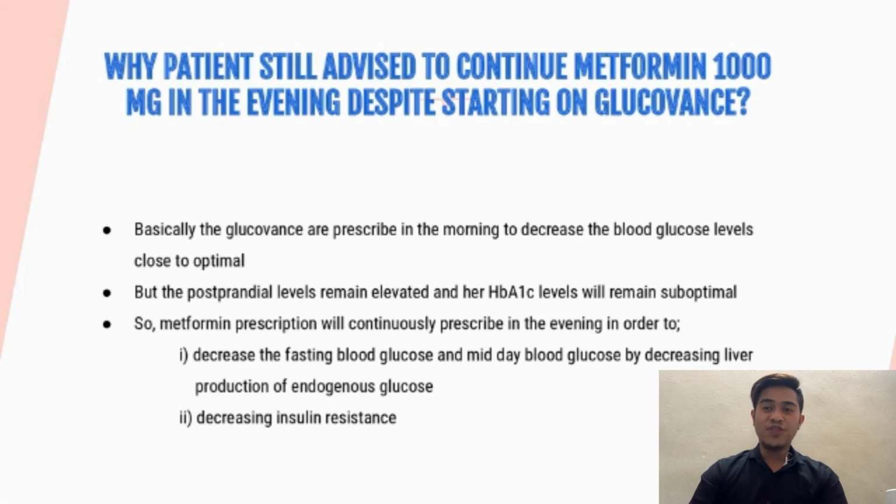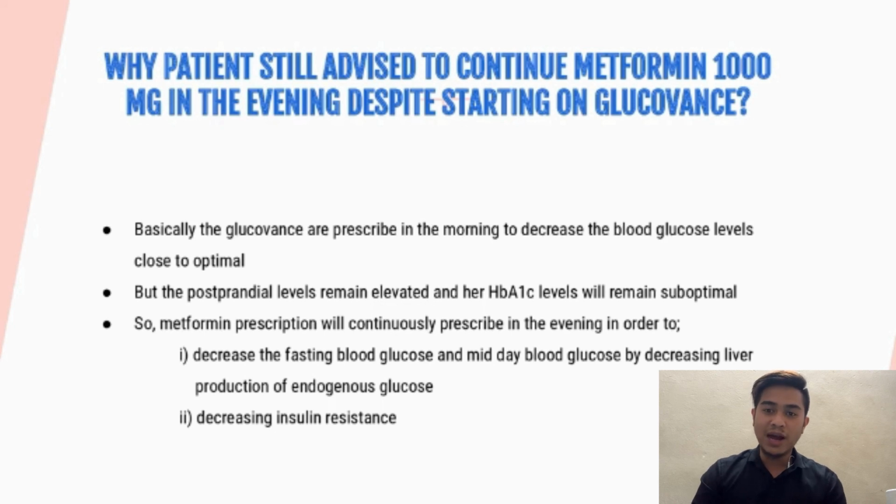So now, moving on to the next slide: why is the patient still advised to continue metformin 1000 mg in the evening despite starting on glucagon? The answer is that the glucagon prescribed in the morning is basically to decrease the blood glucose level close to optimal, but the postprandial levels remain elevated and her HbA1c level will remain suboptimal.